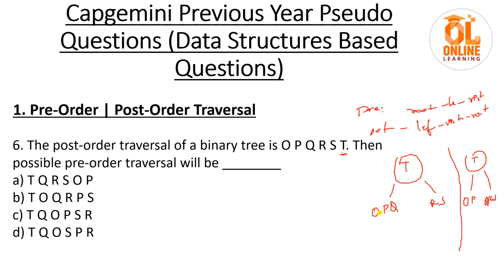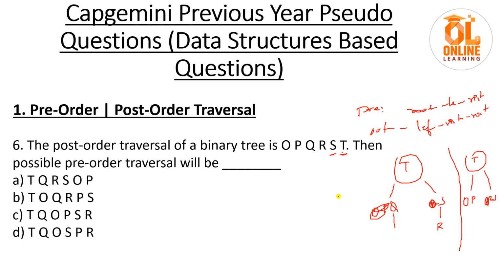In the OPQ RS, in RS, S comes last, which means S is the root, R is the child. So R comes here. And in OPQ, Q is the root.